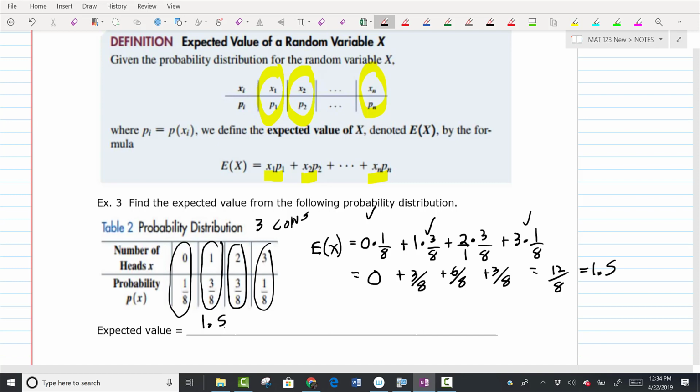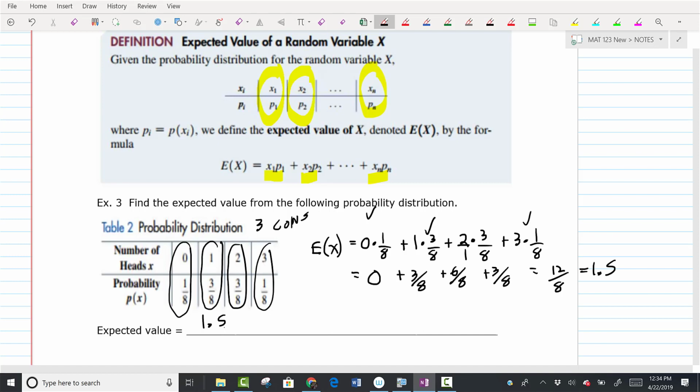Now, here's what this means. On the average, and I want you to tell me if this makes any sense to you, the 1.5 means how many heads are you going to get? If you tossed 3 coins an infinite number of times, that doesn't mean you would get 1.5 heads. It means on the average, that's how many you would get. So is that logical, that it would be halfway between 1 head and 2 heads? I think the probabilities are the same.